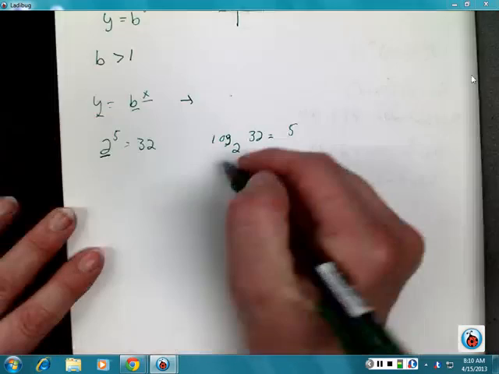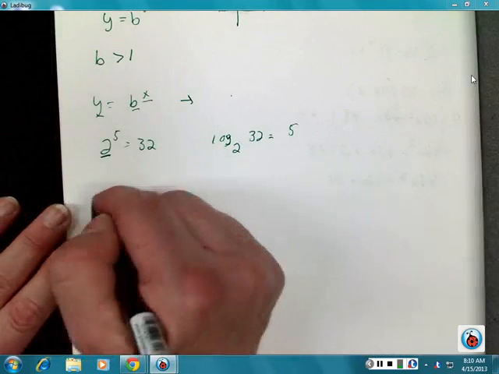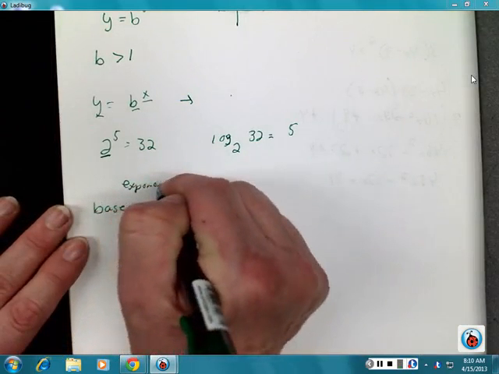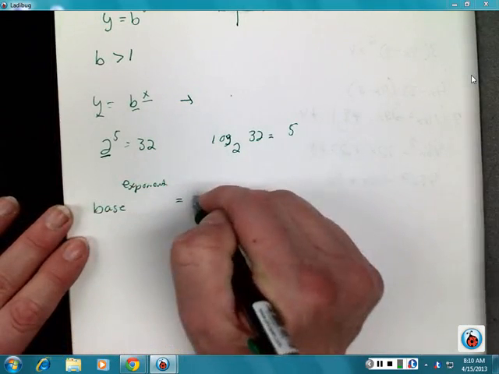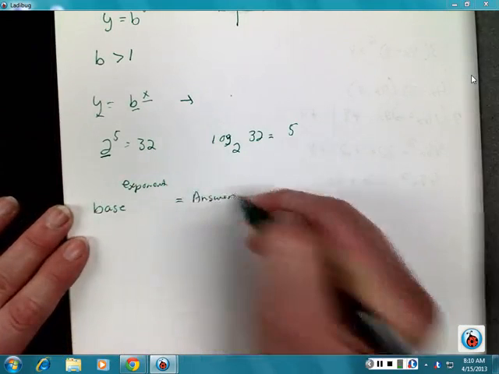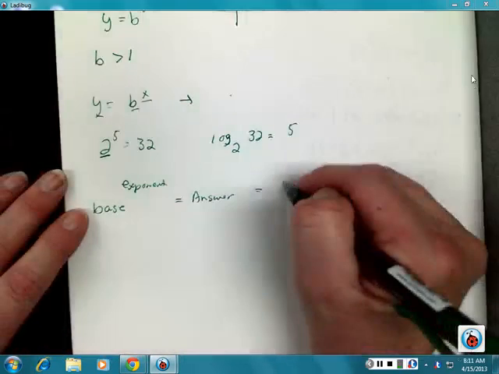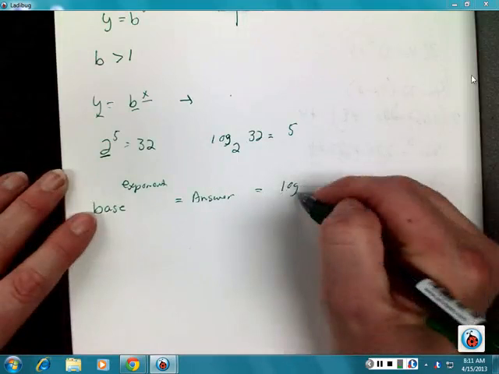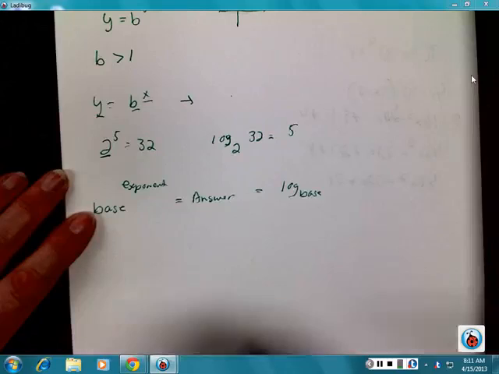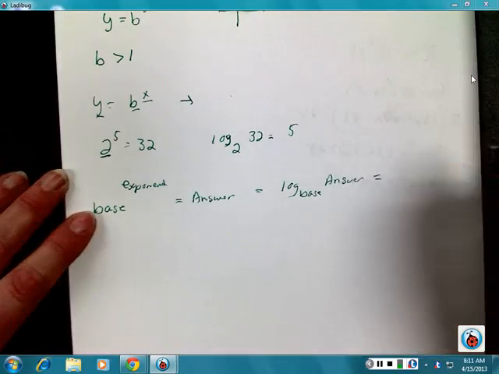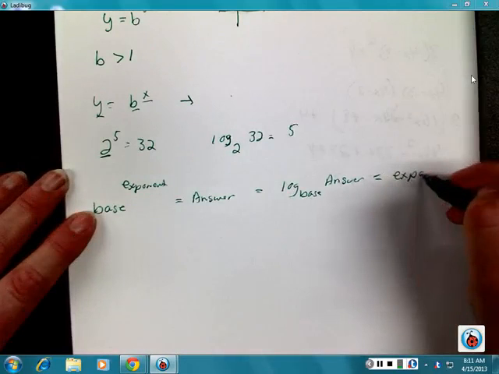So what did I do to get this log to come out? I have a base, I have an exponent, I have what it's equal to. So when I create a log out of this, the base goes down here, the answer goes up here, and it's all going to be equal to the exponent.